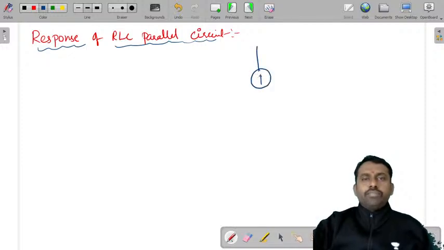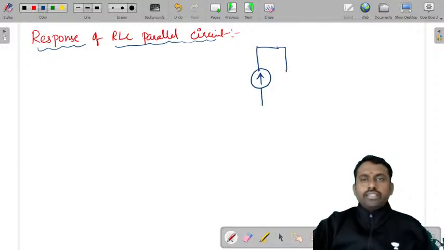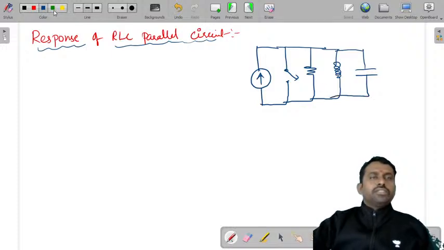So let us consider a parallel circuit with a current source, and there is a switch operation like this, and you have a parallel RLC, you have a resistor, an inductor and a capacitor. So this is the circuit.